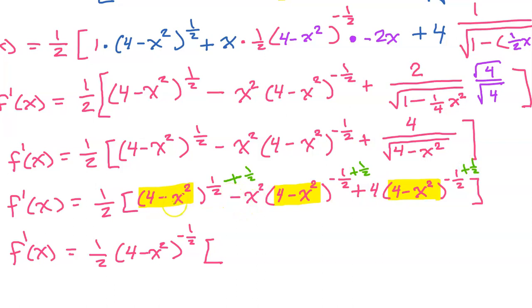Okay, so on this first term, 1/2 plus 1/2 is a whole. So I don't need to write that exponent at all. So I'm going to end up with 4 minus x squared to the 1 power, which I don't write. For the middle term, I'm taking out 4 minus x squared to the negative 1/2 power, which is exactly what you see here.